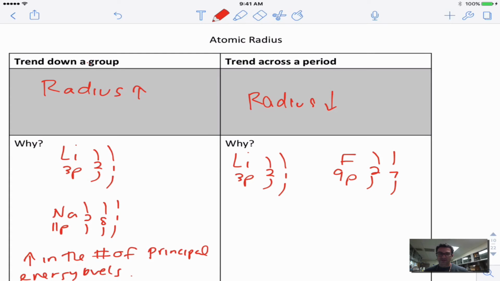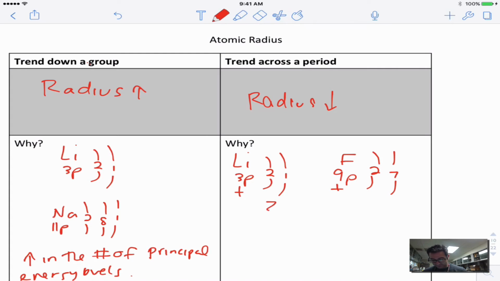So why would fluorine actually get smaller? Well, let's look at the structure here. 3 positives in the nucleus for lithium, 9 positives in the nucleus for fluorine. Which one has a greater nuclear charge? That would be the fluorine. It has more protons. But the fluorine also has the same number of energy levels.